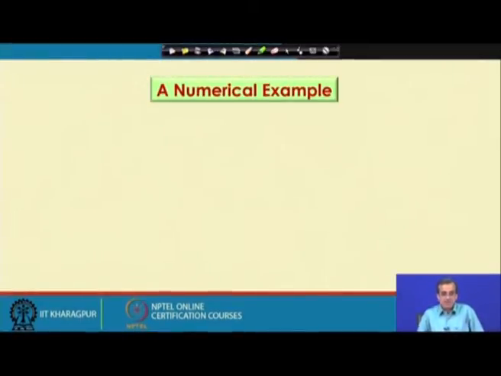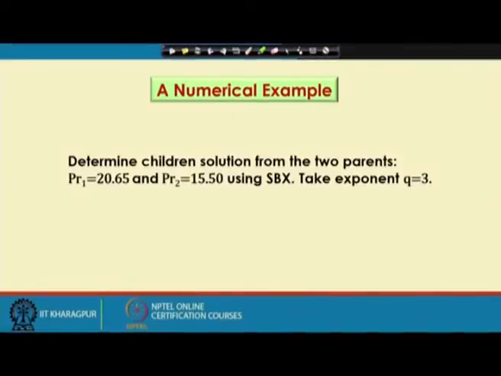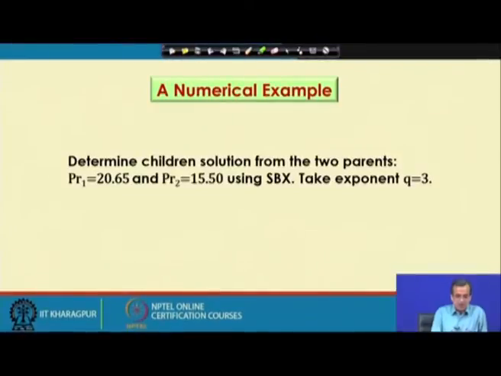Now, this principle I am going to explain with the help of one numerical example. Supposing that I have got two parents, P r 1 is 20.65 and P r 2 is 15.50, and I am going to use SBX, and our aim is to find out the two children solution.